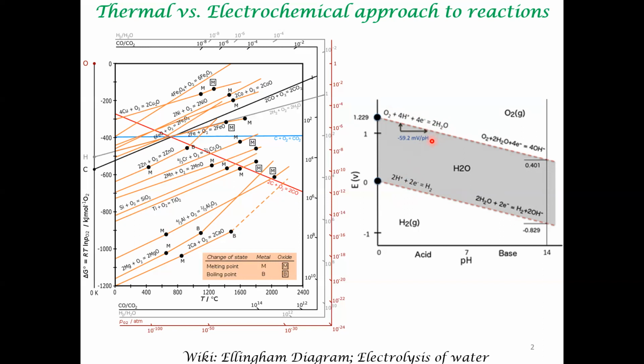The electrochemical breakage of water to oxygen and hydrogen is more facile compared to the thermal decomposition of water, which requires very high temperature. So this is one of the simplest examples where the power of electrochemistry can be illustrated.